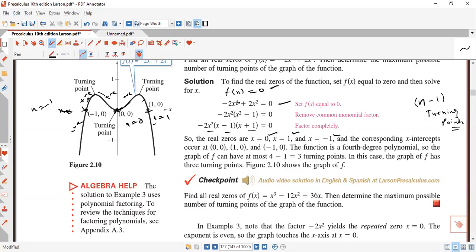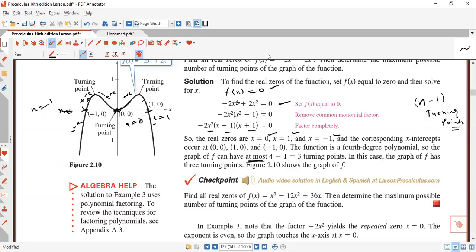Clear? So this is at most. What do you mean by at most? It means this function will not have greater than 3 turning points.